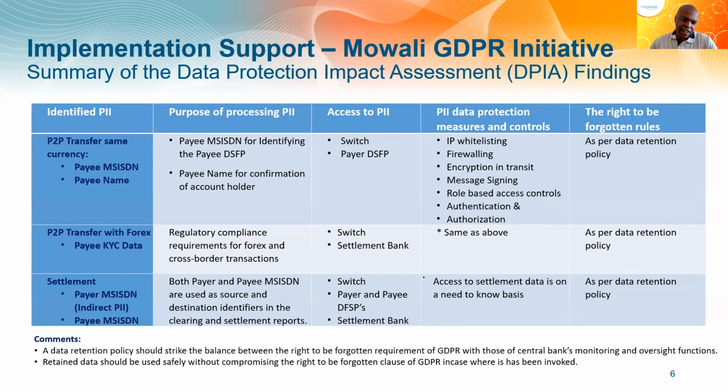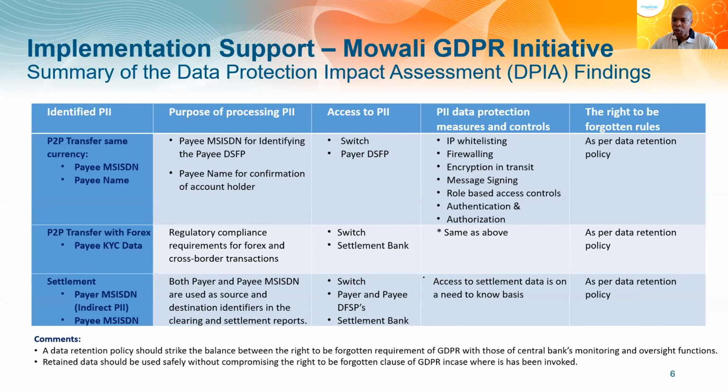It's just the resultant architecture that they put down, and also the policies around data retention that they need to look at. And one of the things we really mentioned to them around the data retention policy is the need to balance between other regulations as well as the GDPR, because GDPR has what you call the right to be forgotten clause.